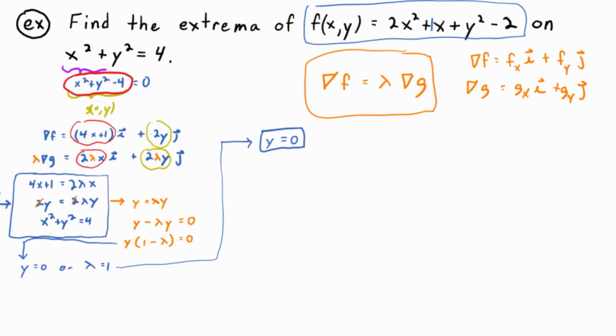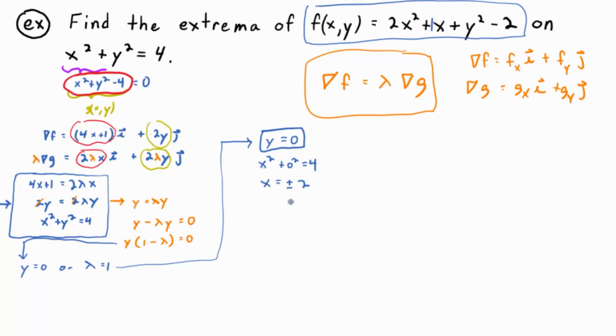If y equals 0, that last constraint equation, you can solve for x, right? So let's do it. We get x squared plus 0 squared, equals 4. Does everybody see where I'm plugging into this third equation? And so if x squared equals 4, what does x equal? Plus or minus 2, right?